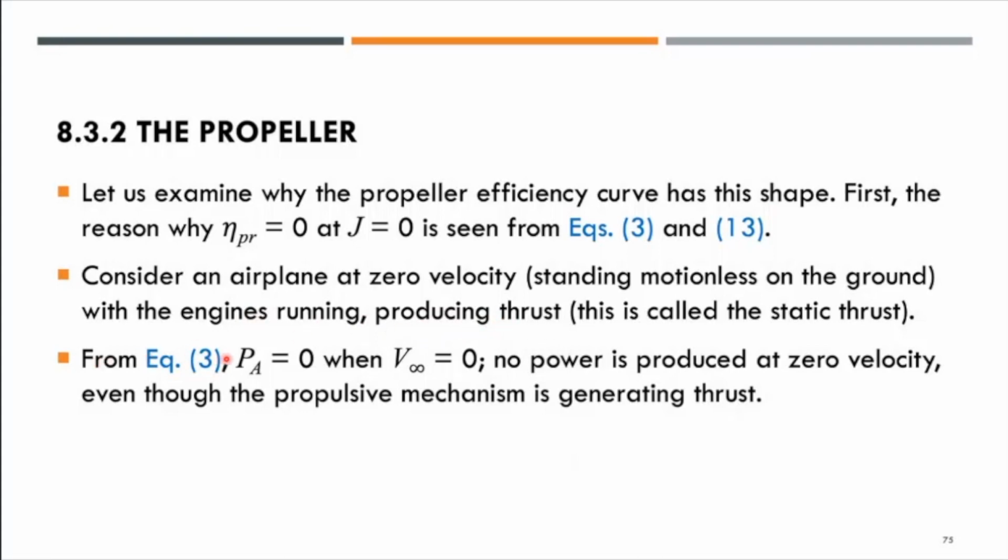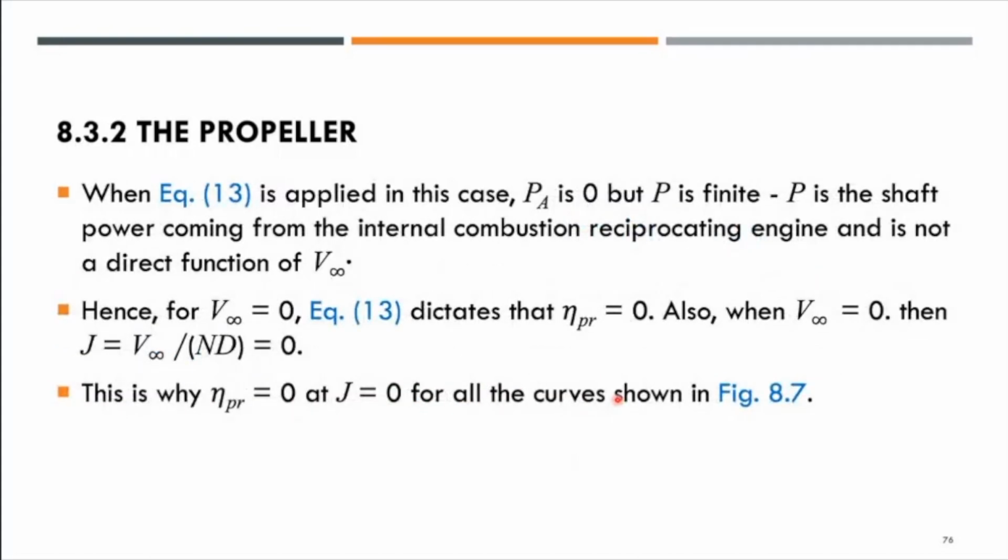From equation 3, the available power equals 0 when the free stream velocity V infinity equals 0. No power is produced at 0 velocity, even though the propulsive mechanism is generating thrust. Right?